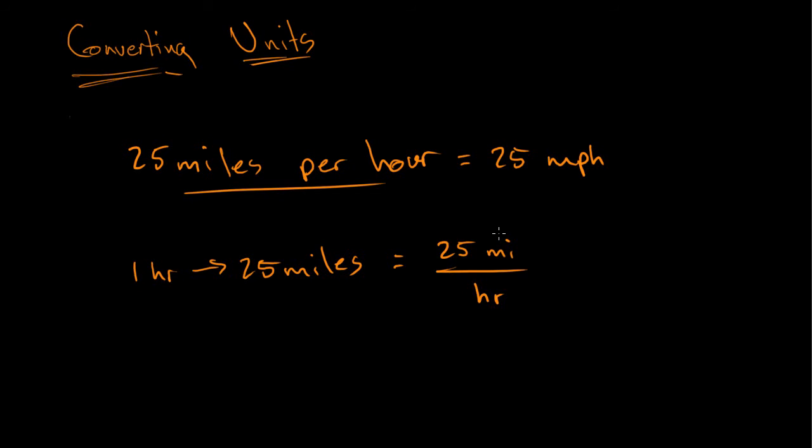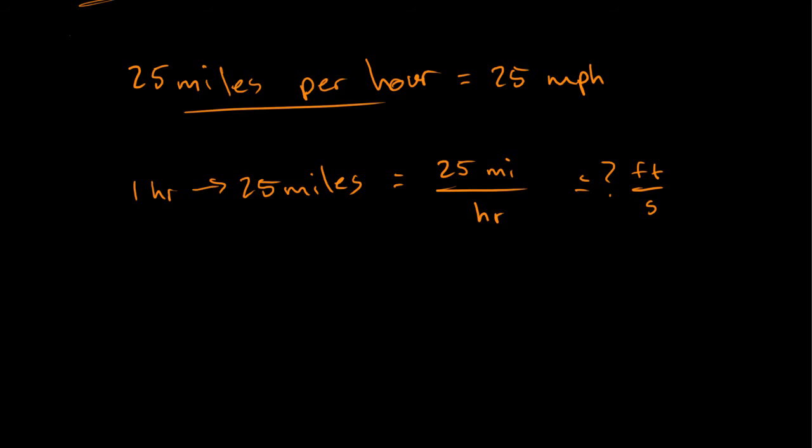Well, if I wanted to convert this speed, 25 miles per hour, into a number of feet per second, how would I do that? The way to think about this is to convert from miles into feet, and then to think about how you convert from hours into seconds.